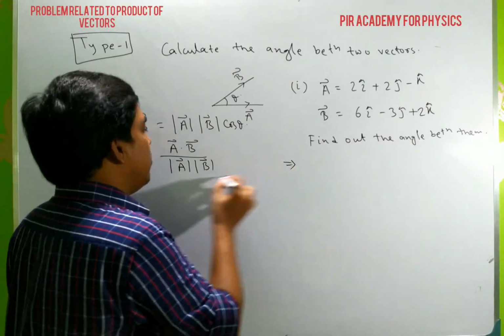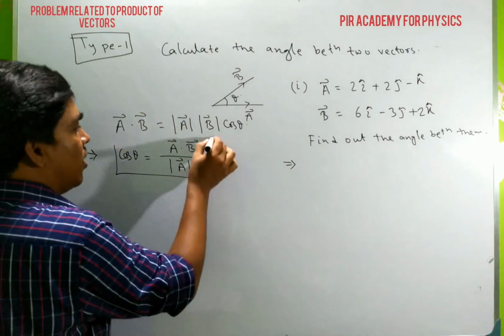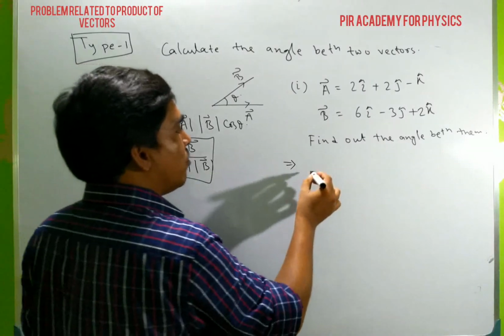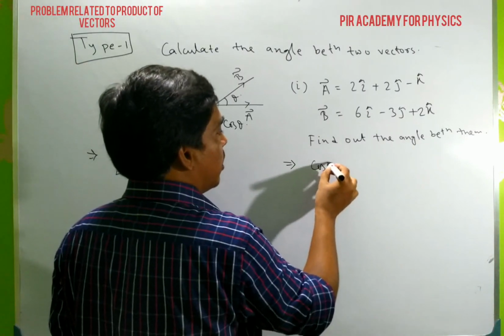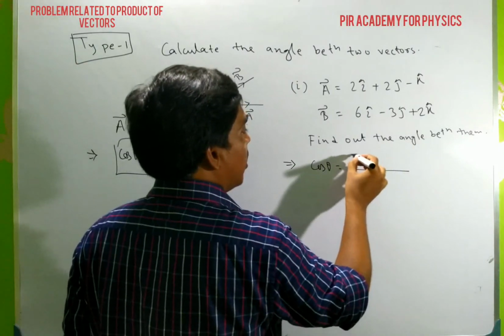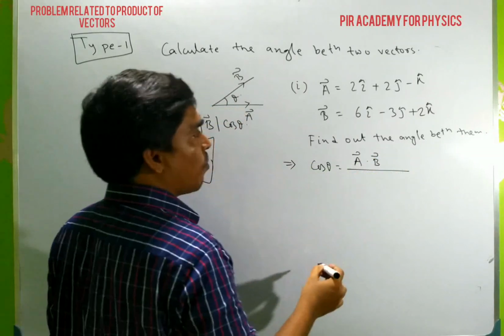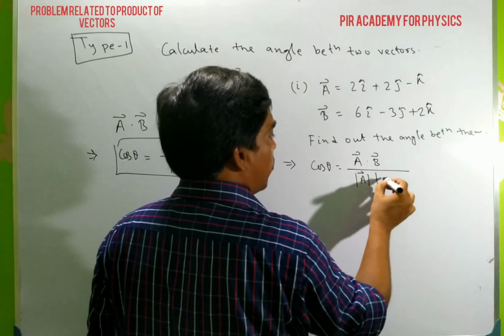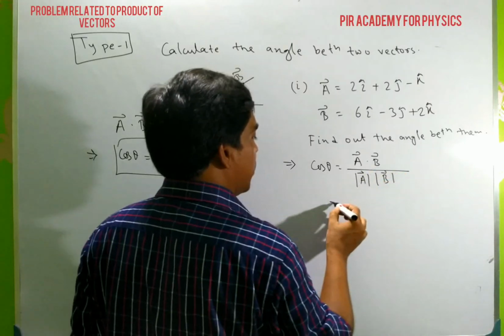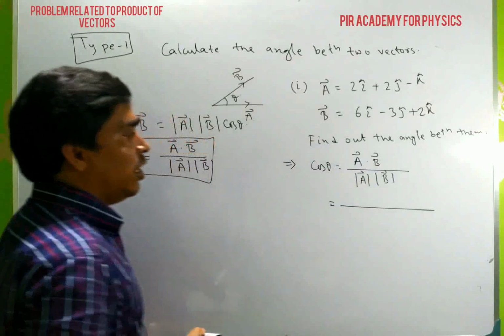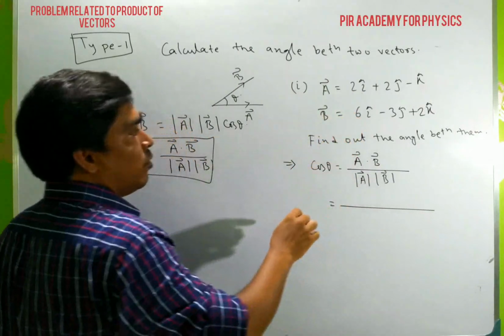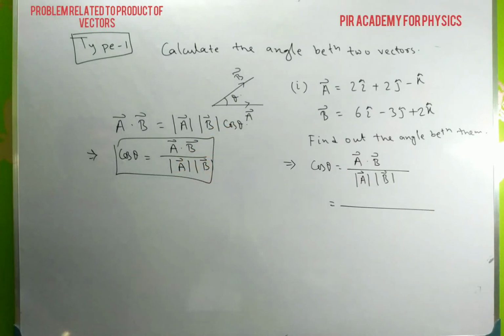Through this theory, you can calculate the angle between them. Now cos theta equals A dot B divided by magnitude of A and magnitude of B. First of all, you have to know the dot product between two position vectors.